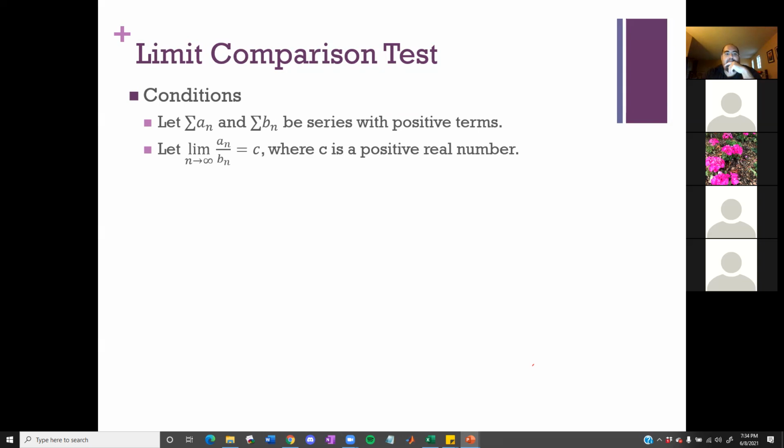I'm going to find the limit of their quotient as n goes to infinity. And I really need to stress this: my limit needs to be positive. So when I find the limit of this quotient, it needs to be positive, not 0.